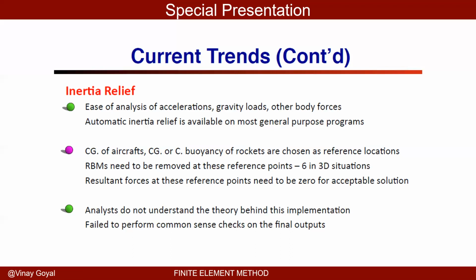And then what happens? And the analysts constantly complained to me, saying that I'm being paranoid. Then I said, show me how you did the analysis. So they gave me the reference of inertial relief, which is a Nastran knob you can turn to simulate inertial relief.